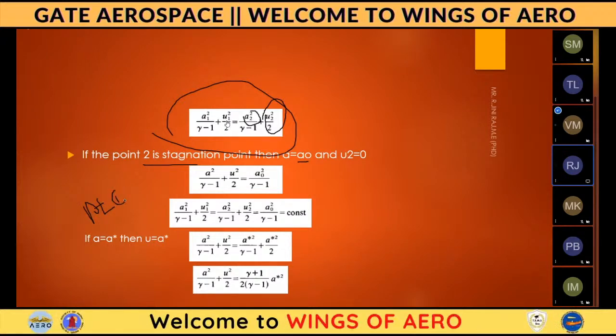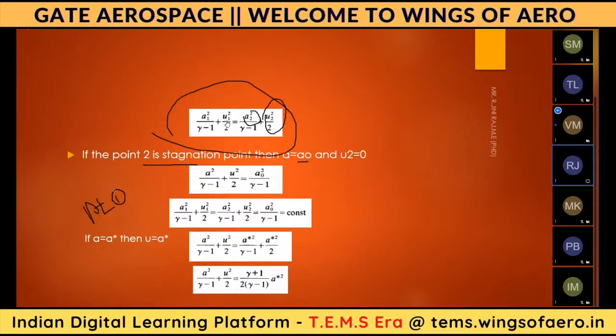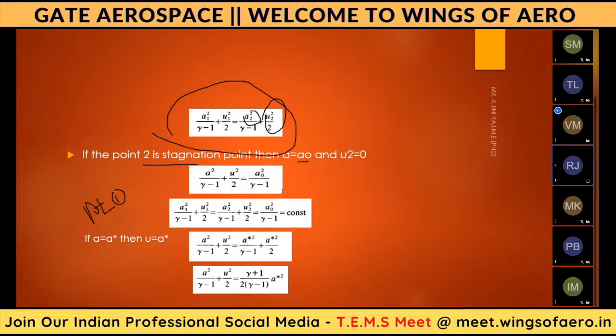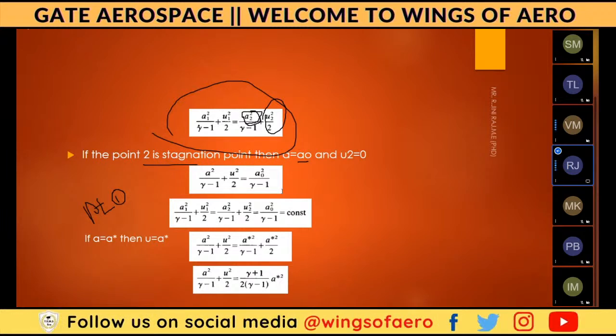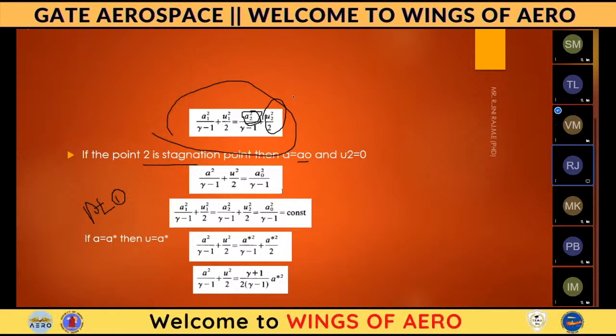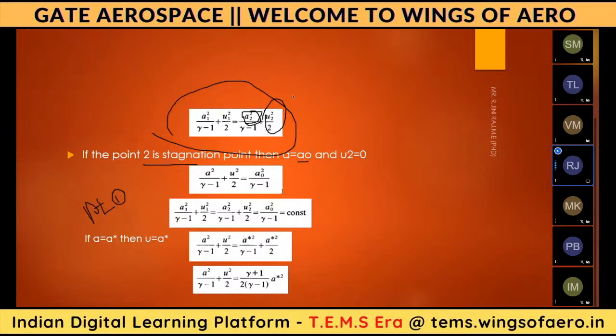Excuse me, sir. Yes. When we are substituting a equal to a naught, why is the RHS put as a naught and not a itself? Actually, I am substituting a equal to a naught like this. In this equation, a1, a2 are all equal to a. Take any one equation, say a2 square divided by gamma minus 1 plus u2 square divided by 2.